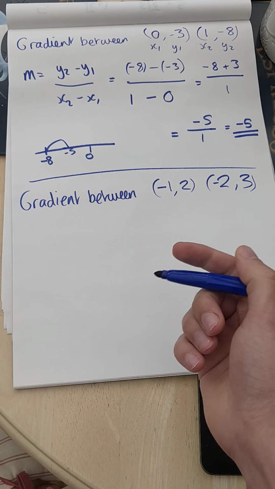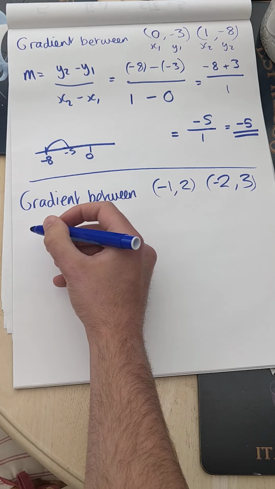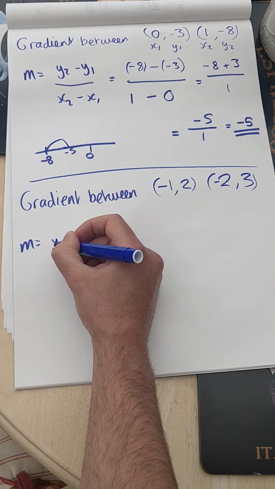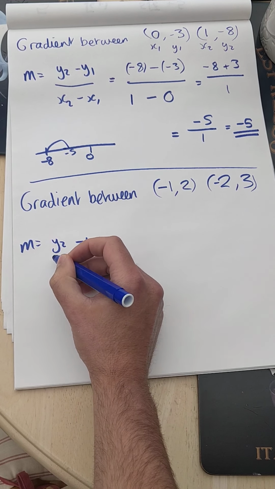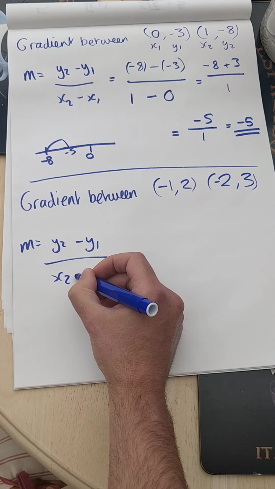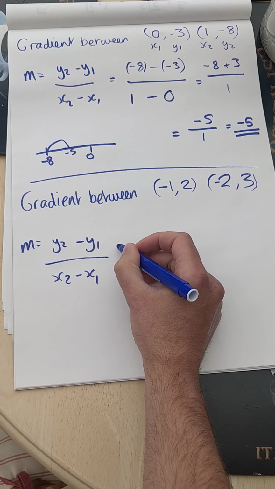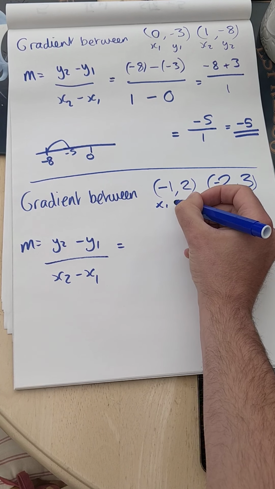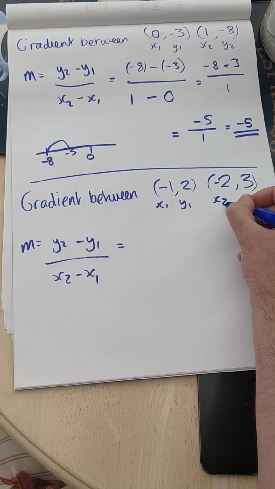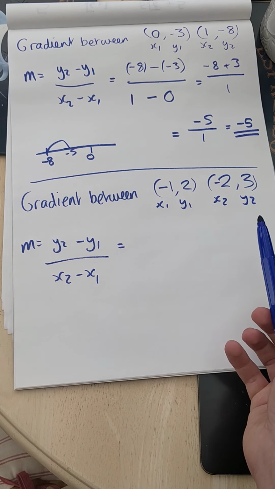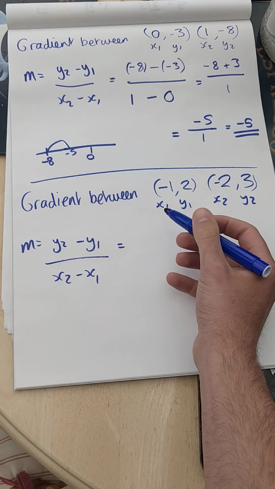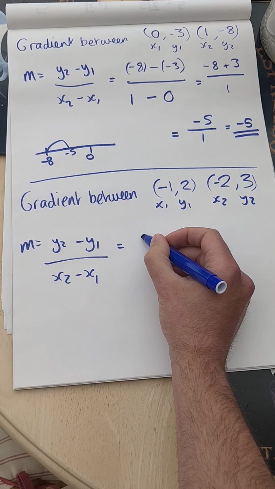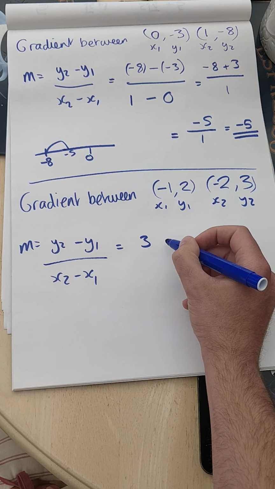And in much the same way, the second one, m equals y2 take away y1 over x2 take away x1. I'll label that up, x1, y1, x2, y2, and plug them in. So y2 is 3, y1 is 2.